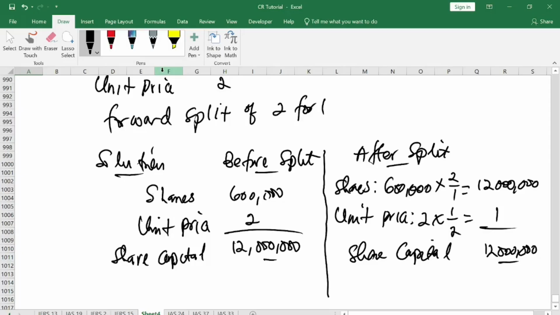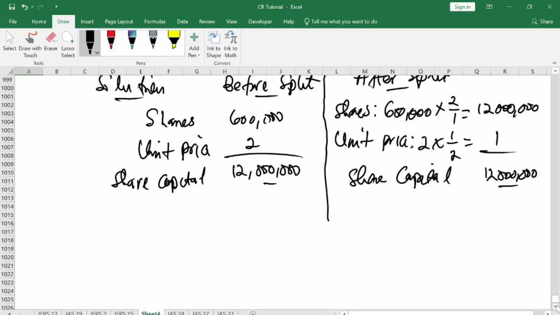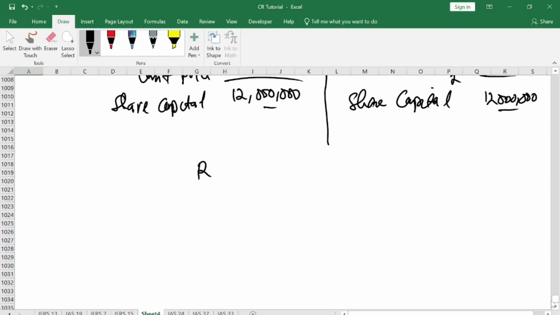It encourages people to buy, because the unit price of the share is relatively cheaper compared to before the split. Understand? So that is one essence of share split.